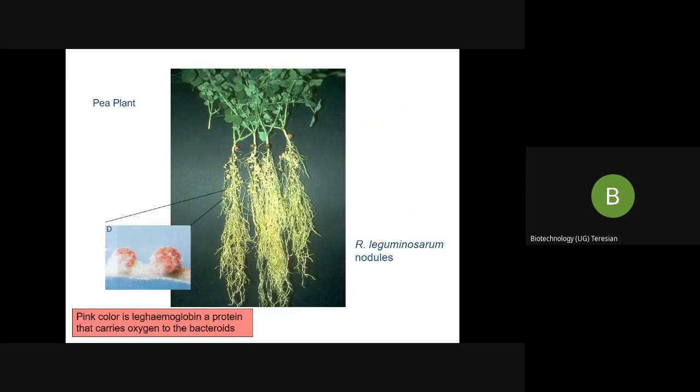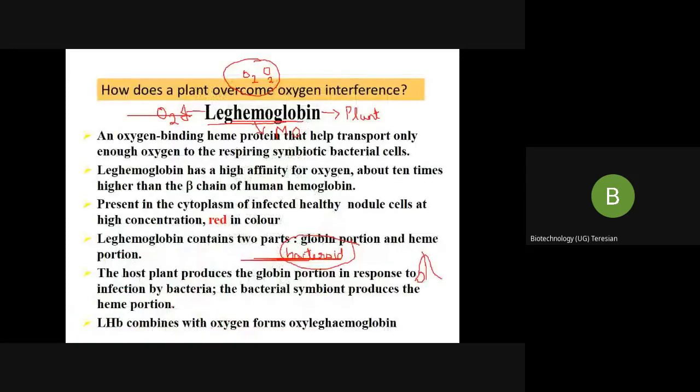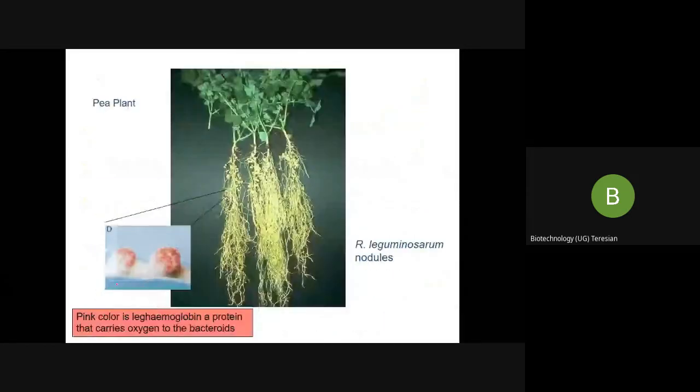If you see the leghemoglobin, its chemical and structural similarities are very much similar to the hemoglobin of the human. Like hemoglobin, it is also red in color. Why? Whenever it binds to oxygen, it becomes red in color.